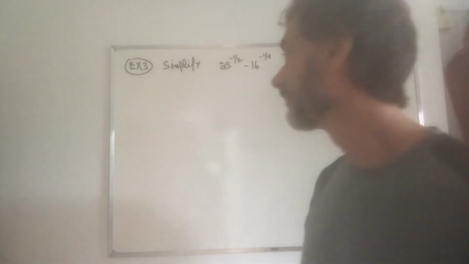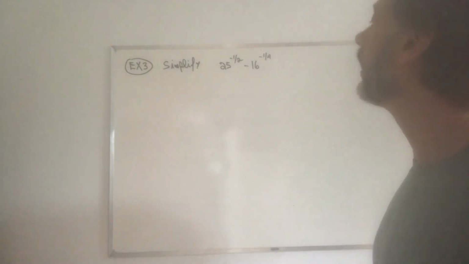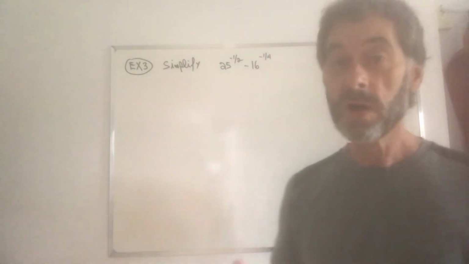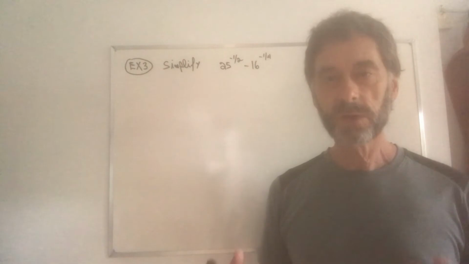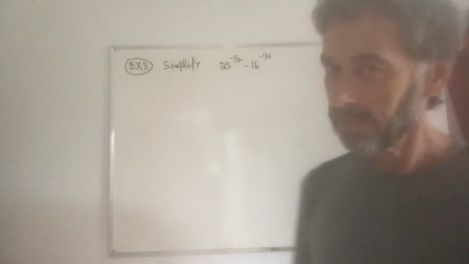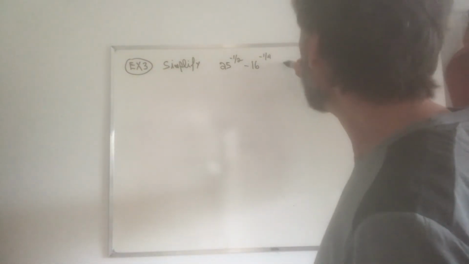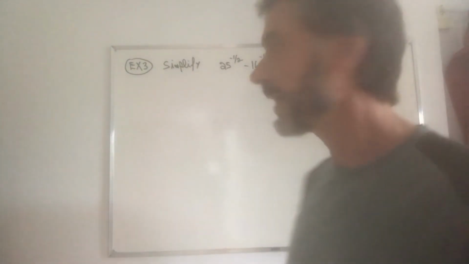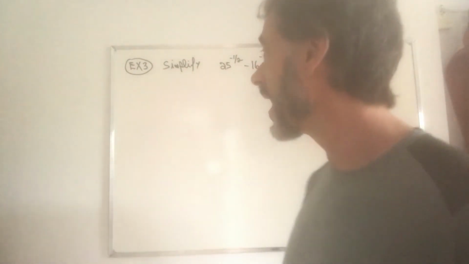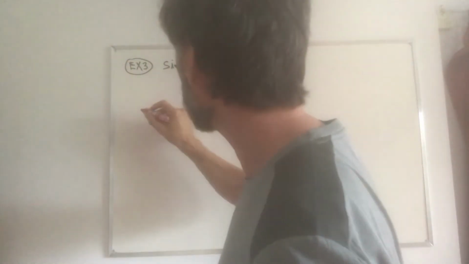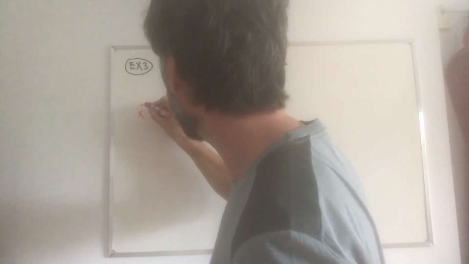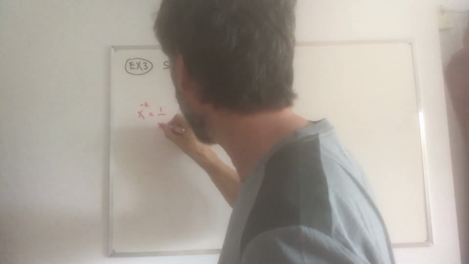All right. Okay. No x's, no y's. So we're not expecting an algebraic answer. We're expecting, clearly, a numerical answer, of course. Negative exponents, not a big fan. So once again, I'm going to use my rule that says x to the minus a is 1 over x to the a.